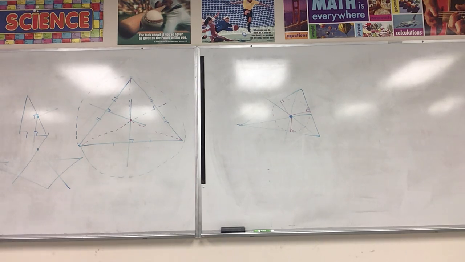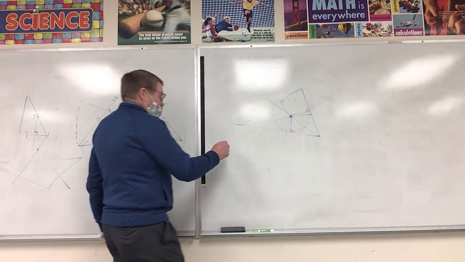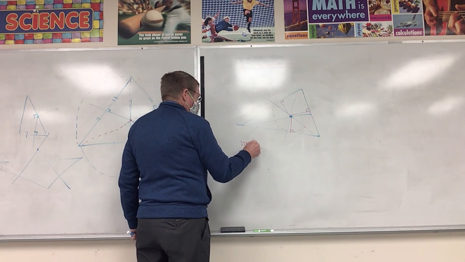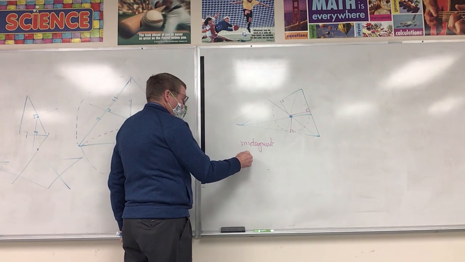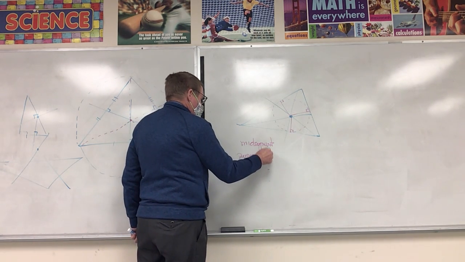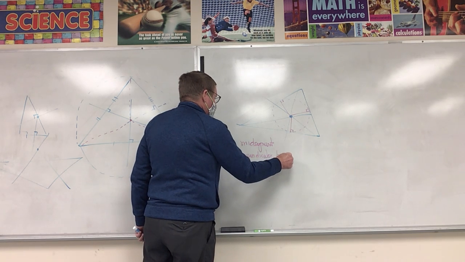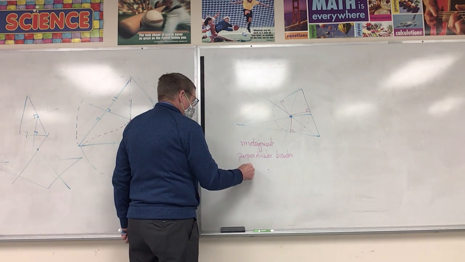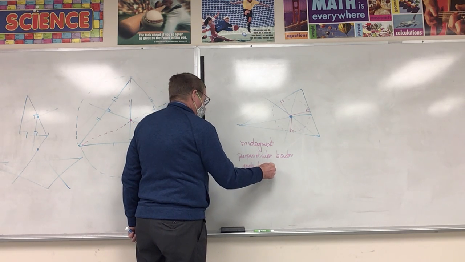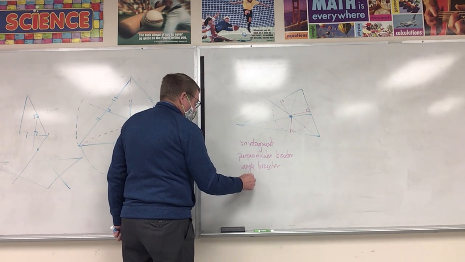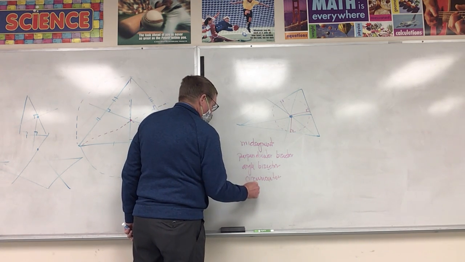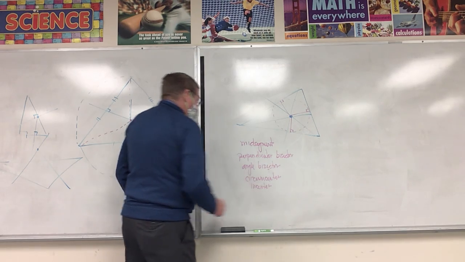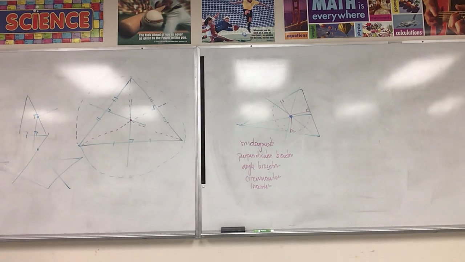Okay? So, the concepts so far: mid-segment, perpendicular bisectors, angle bisectors, circumcenter, and incenter are our concepts so far, lessons 5.1, 5.2, and 5.3.